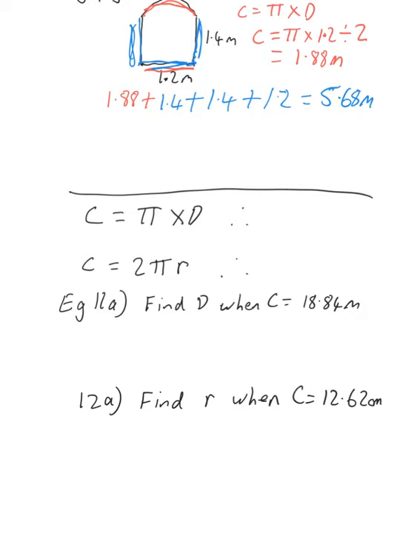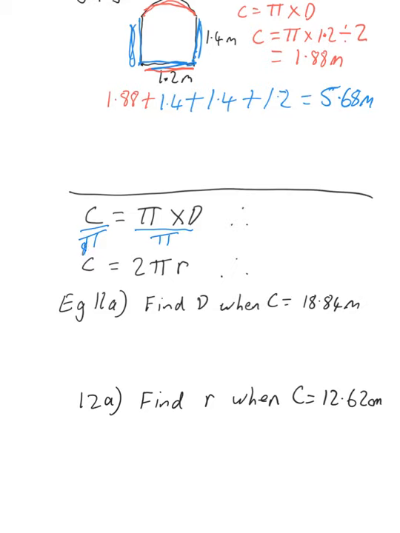All right, now with later questions, we are given the circumference and asked to find the diameter or the radius. Okay, so it's the reverse. So if we start here with our equation to find the circumference, if we want to get the diameter by itself, we know from solving linear equations that we can divide both sides by pi.